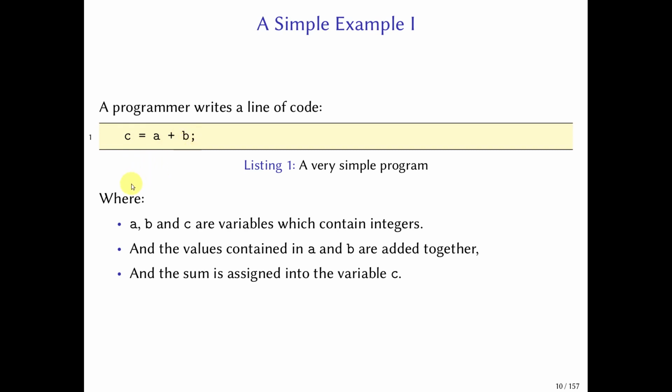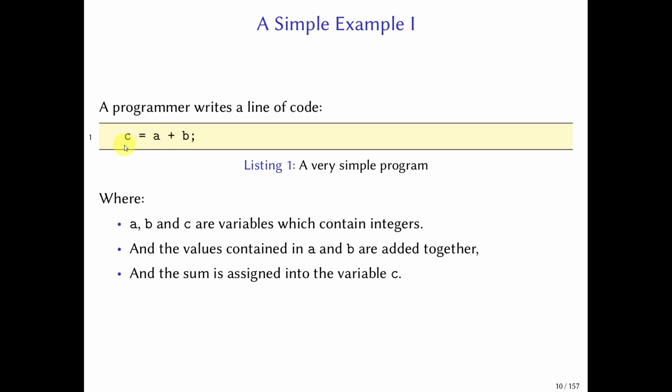For example, we might see something like C equals A plus B. Now you know from your studies in Java that A and B are variables and they contain integer values, and you know that if you see A and B written down in a program, then what's being referred to is the value of the variable rather than the actual letter A or the letter B itself. So if A, for example, has the value 10 and B has the value 13, then you know that they're going to be added together, and consequently that value of 10 plus 13, 23, will be assigned into the variable C.